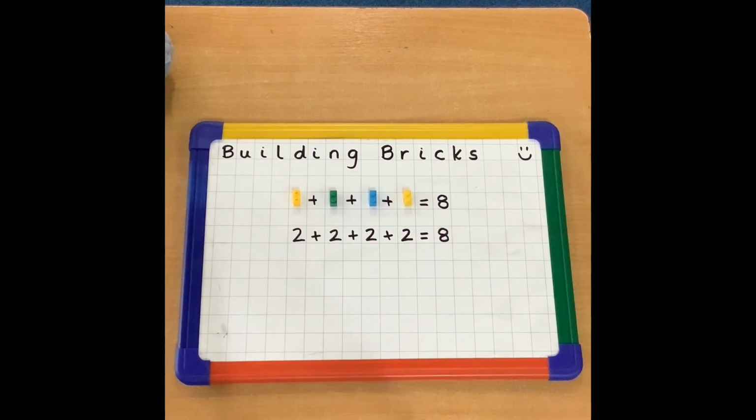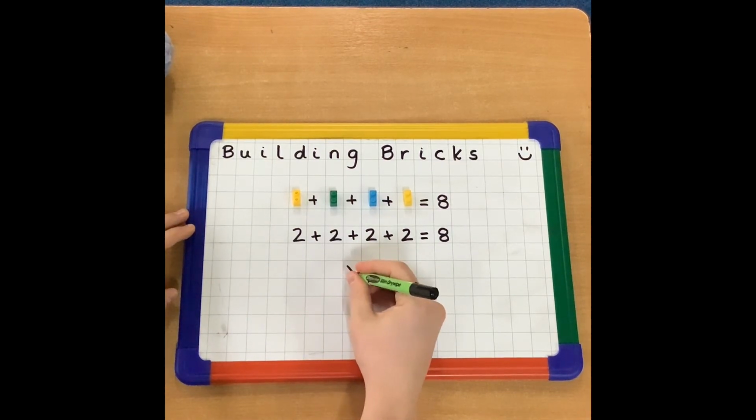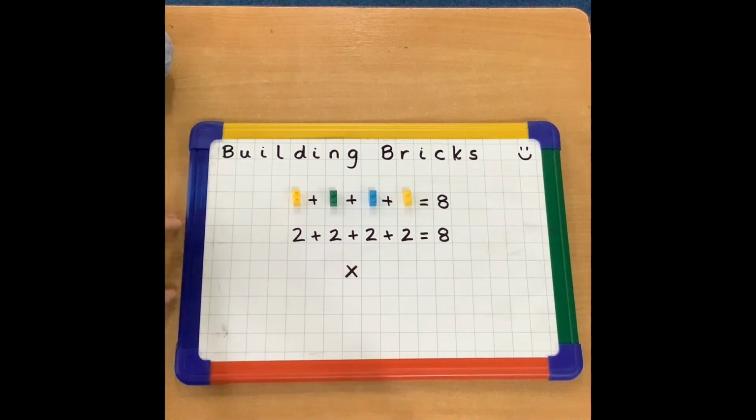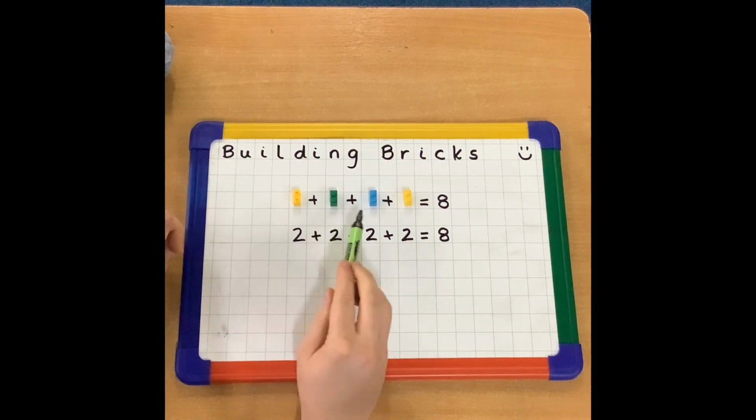And then we're going to write that down as our multiplication. So we need to get our cross sign or our times sign back out again. And what we need to do is, how many groups do we have this time? We have 1, 2, 3, 4.